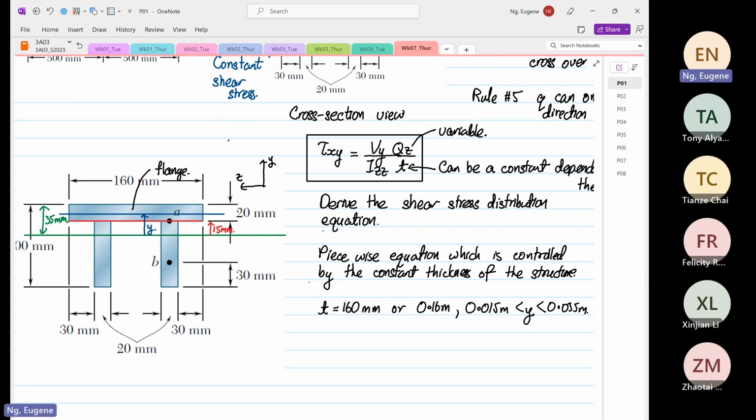Remember, we are deriving the shear stress distribution equation.